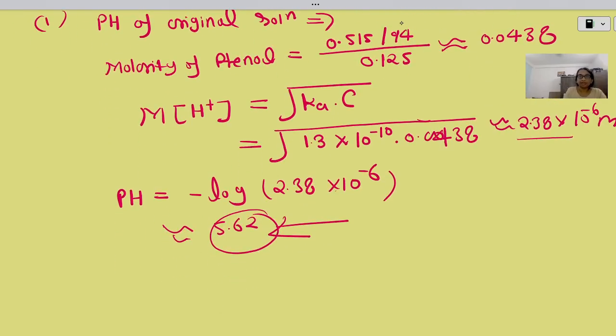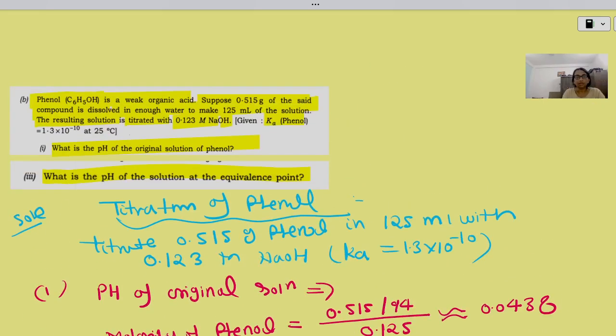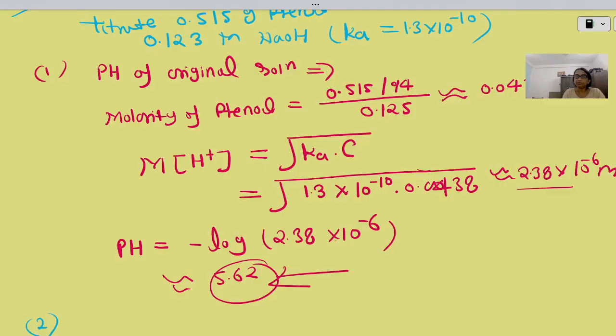Now the calculation of the second question: what is the pH of the solution at the equivalence point?